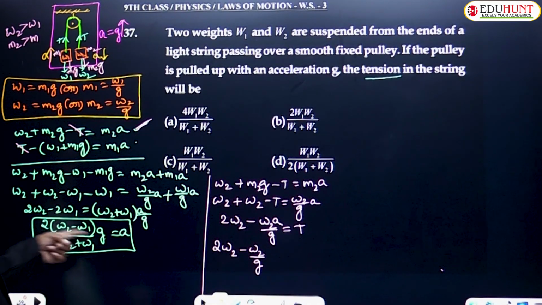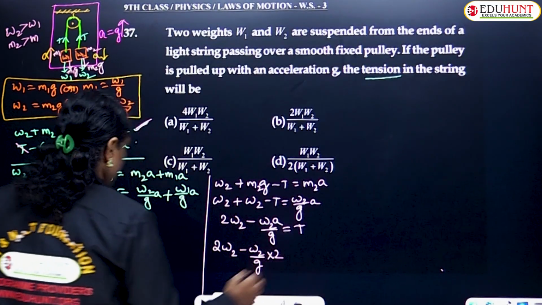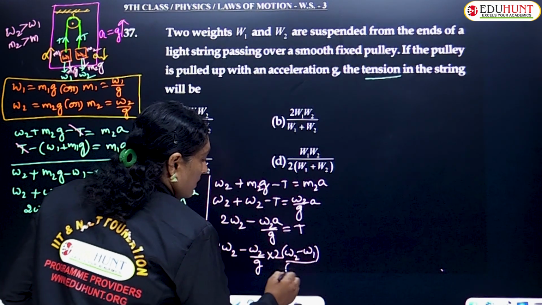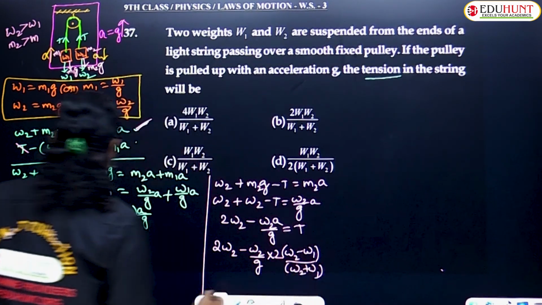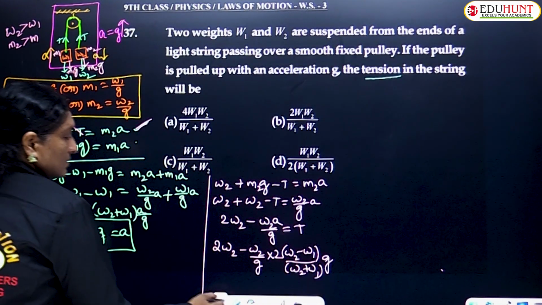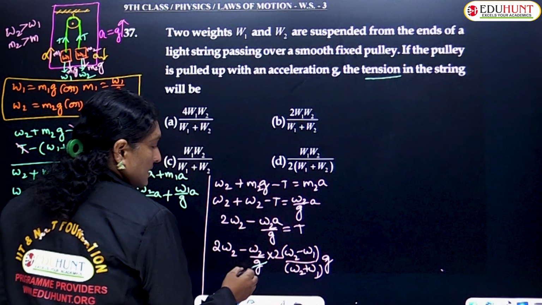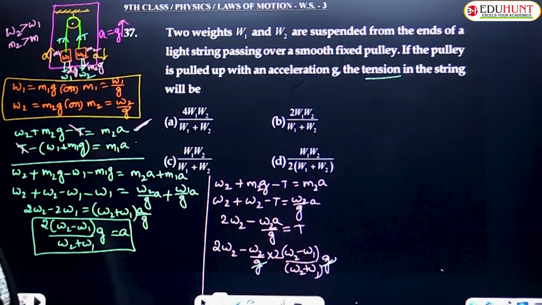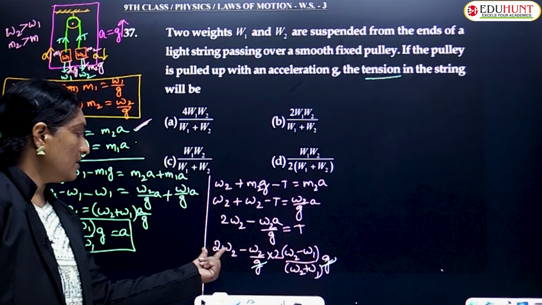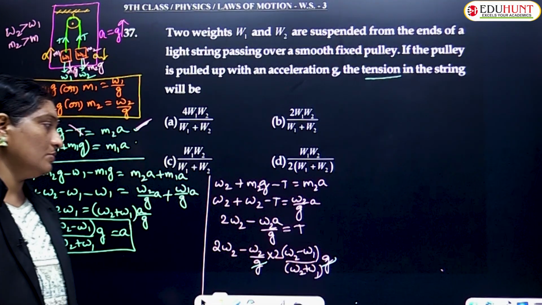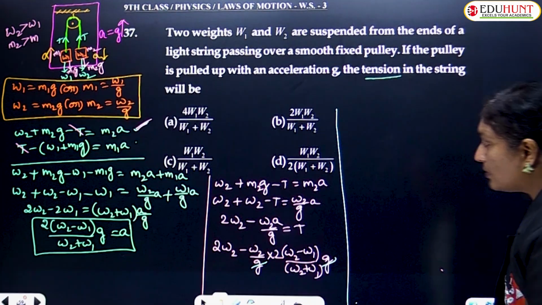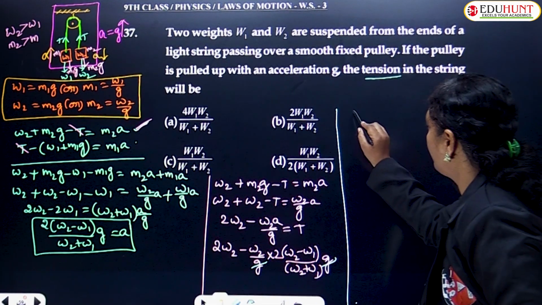Let us replace this. What is the value of A? 2 times W2 minus W1 upon W2 plus W1 into G. If you go through this, in the denominator G is there, in the numerator also G is there, so they both get cancelled. These two terms are separated by the minus symbol. Here 2W2 is there, here also 2W2 is there. Let us take 2W2 as common.